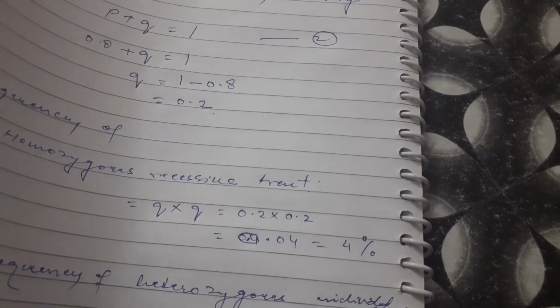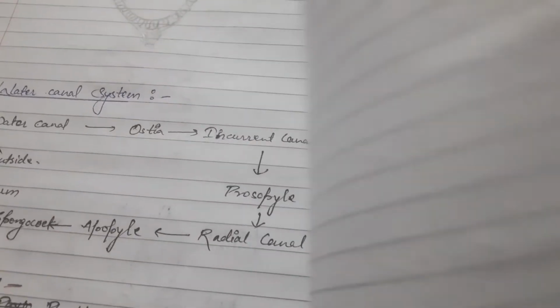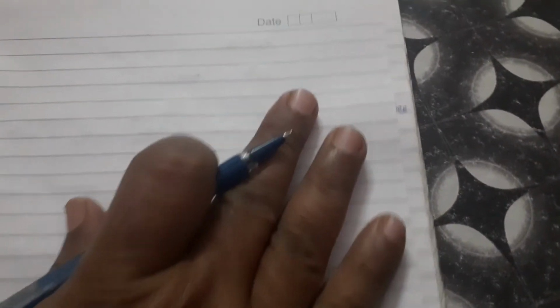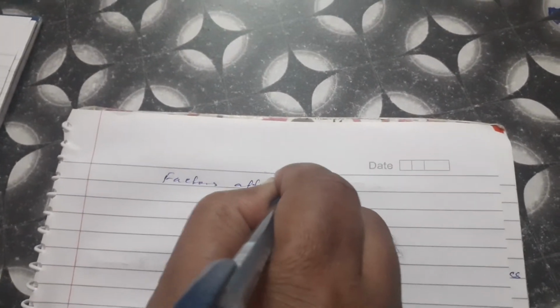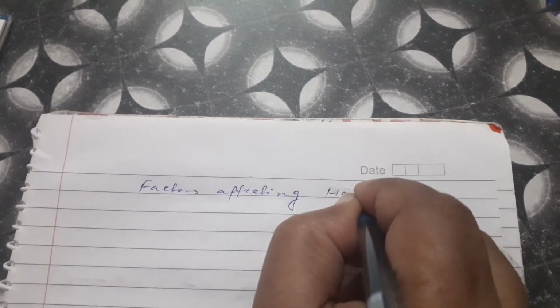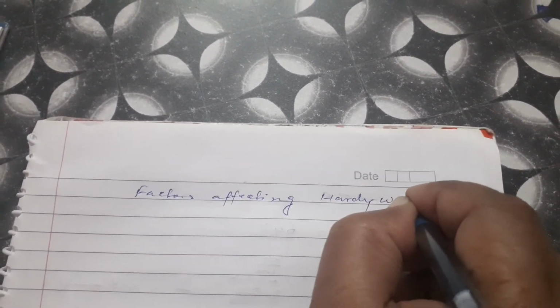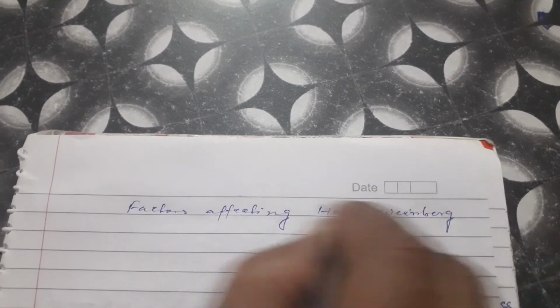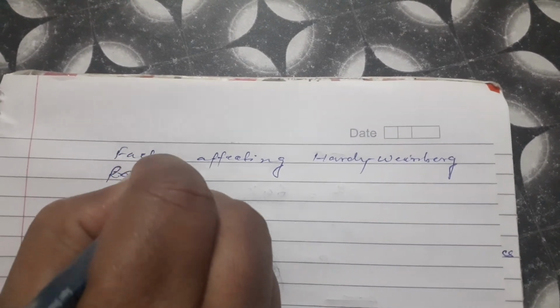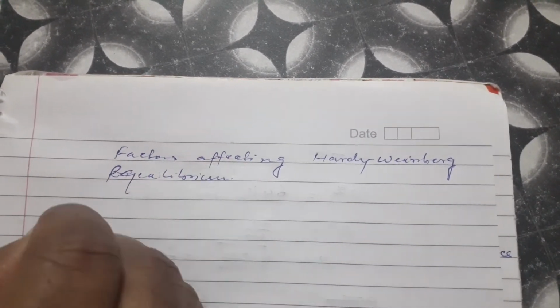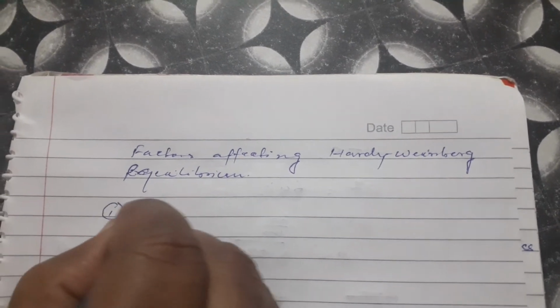Now, Hardy-Weinberg principle or equilibrium is affected by five factors, or you may say factors affecting Hardy-Weinberg principle, equilibrium. Number one, mutation.